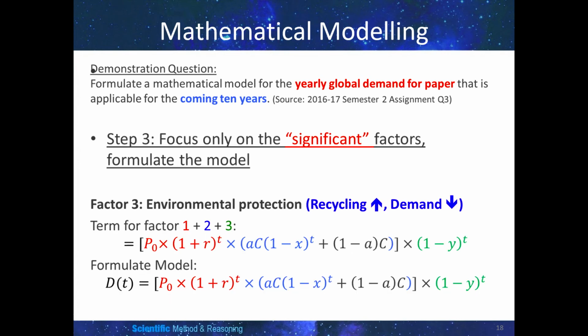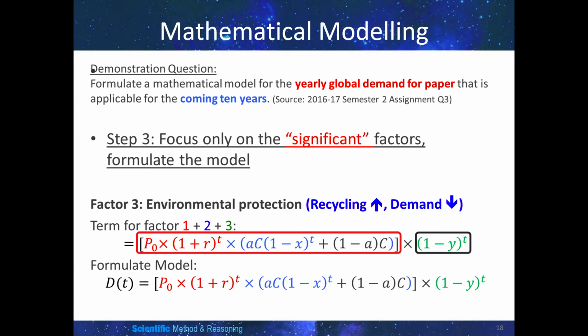Now, we have all three factors considered. You can see the first three parts here, like the population and then also the annual consumption of paper per capita, this term here. We put a bracket around these terms and then times the whole thing by 1 minus Y to the power of T. Why do we need to do so?